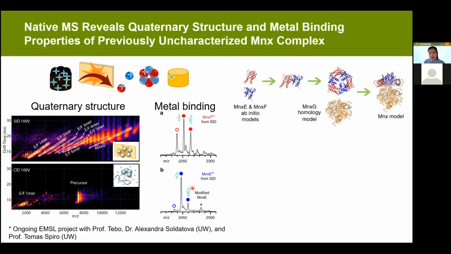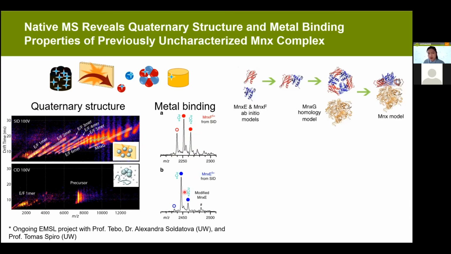The two monomers bind different numbers of coppers, and we have some data suggesting the binding strength is also different. MINX-E is a much tighter interaction, and MINX-F is a weaker interaction, where we can actually remove the coppers by adding something like EDTA.